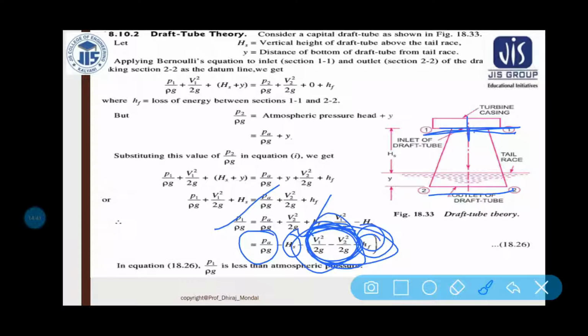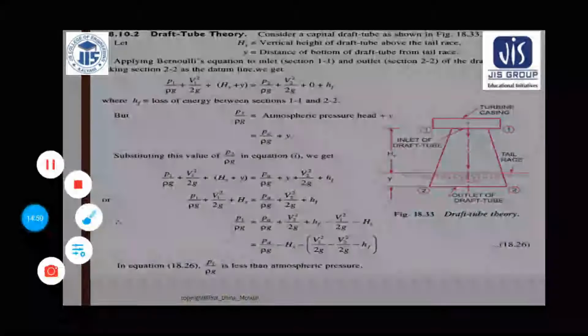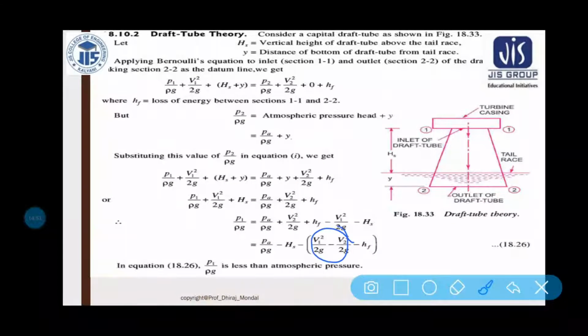V1 will be greater than V2. So this part will be positive, and this part will be positive, and this is your frictional loss. As a whole this total part will be positive, and it is deducted from the atmospheric pressure head. Hs is also deducting.